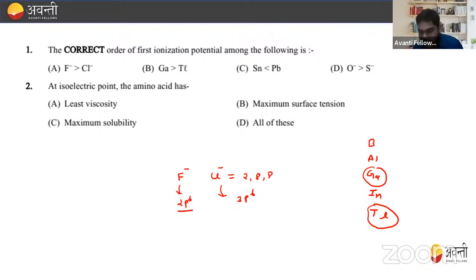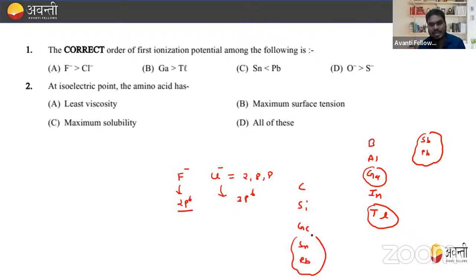If I'm talking about Sn and Pb, which group do Sn and Pb belong to, beta? That is the 14th group. Out of Sn and Pb, which will show more ionization enthalpy?